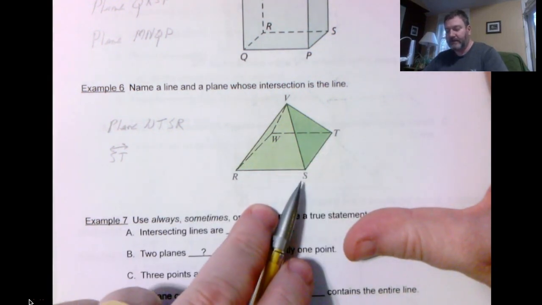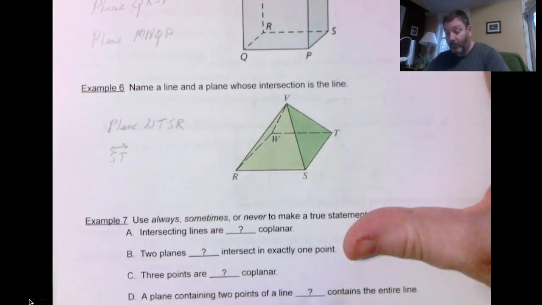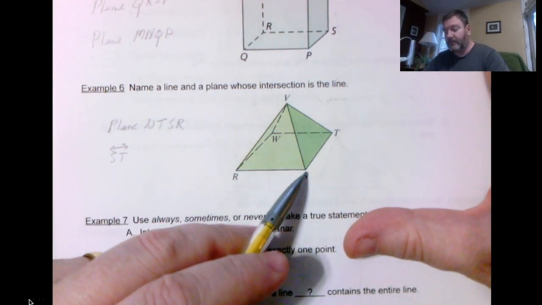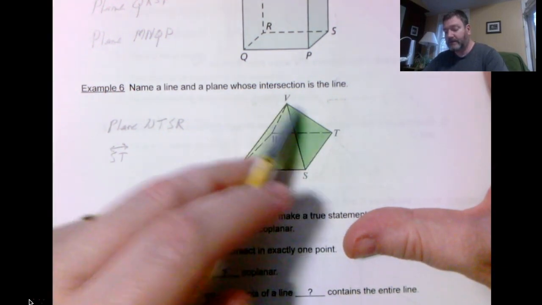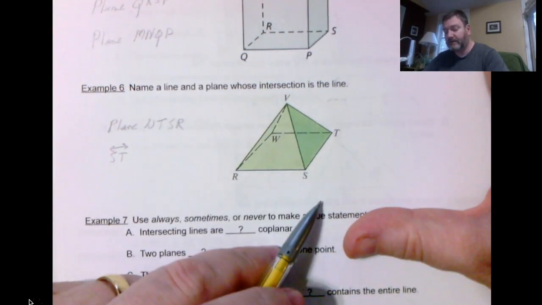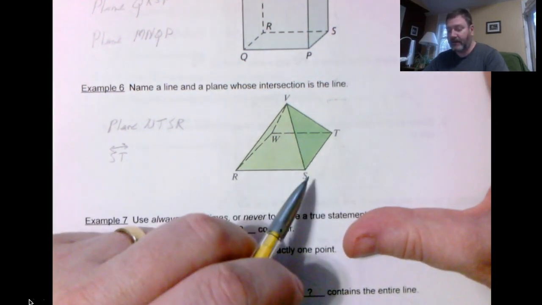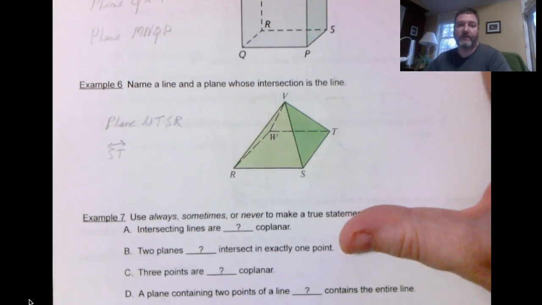That line intersects that plane at the whole line. Wherever that line is, it's in that plane. And I could have done plane VTS and line VS or line VT. You can name any line that's in the plane that you have named.